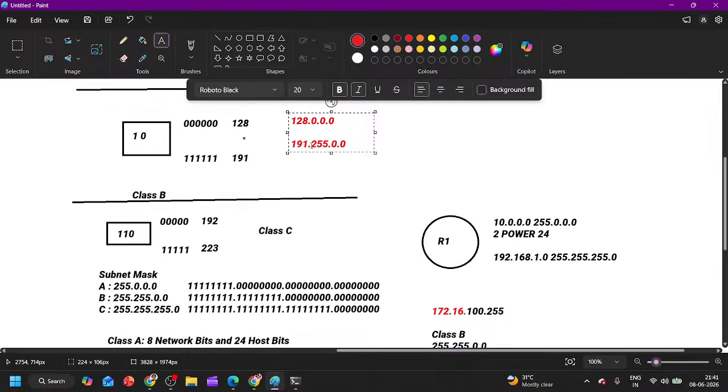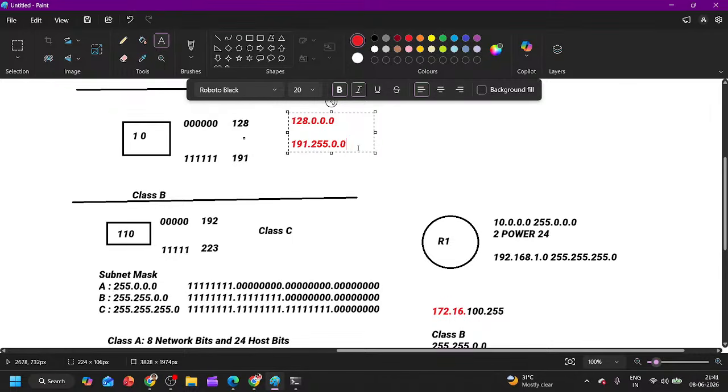Here you can see how many networks are there. Tell me how many networks. How can you find that? 2 raised to 14. The first network is going to be 128.0.0.0, then 128.1.0.0, 128.2.0.0, 128.3.0.0, 128.4.0.0. When it reaches 255, then 129.0.0.0, then 130.0.0.0, till it goes to 191 in the first octet. After that, in the second octet again 0 to 255, and then host portion 0.0.